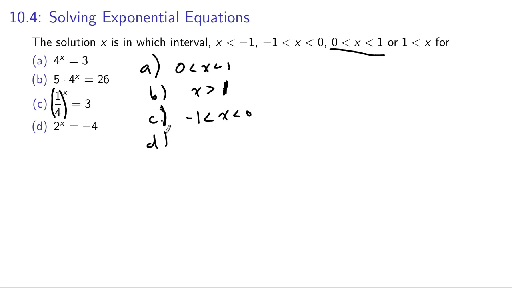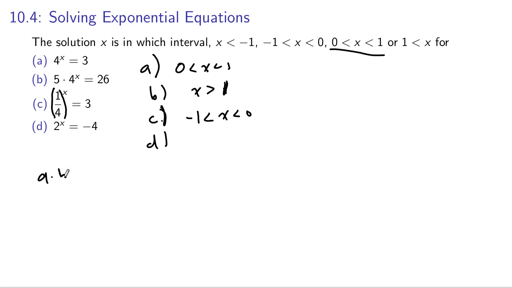And D, we have some growth. We start with 1, and then when is that going to be negative 4? Well, as 1's doubling, we won't get negative. And if we're halving in the other direction, it also won't get negative. Remember that b to the x, doesn't matter what b is. I guess it might. Yes, it does matter. So hold on, let's think about this for a second.